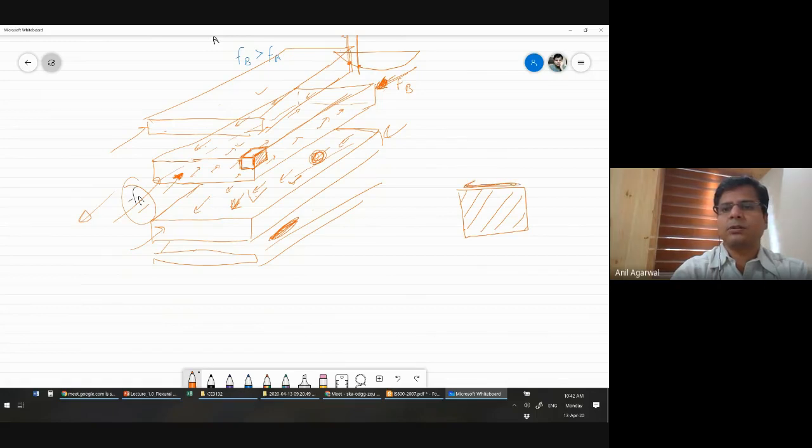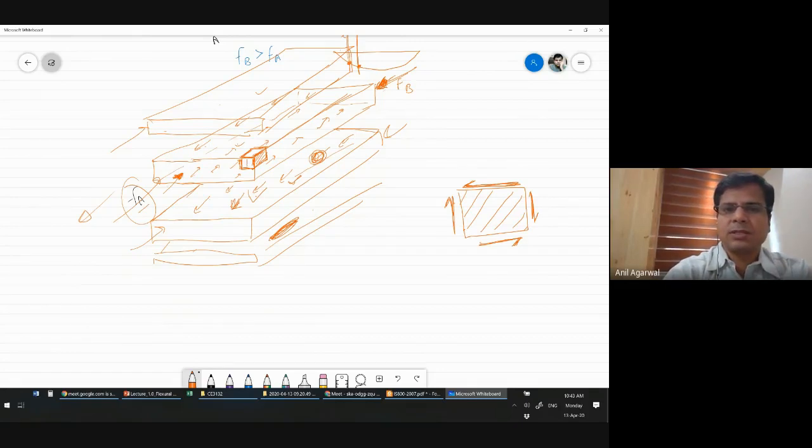I did not draw it here, that's why I got confused. And the bottom was observing a stress in this direction. In order for this cube to be in equilibrium, corresponding shear stresses have to exist on the side surfaces as well. Agreed?